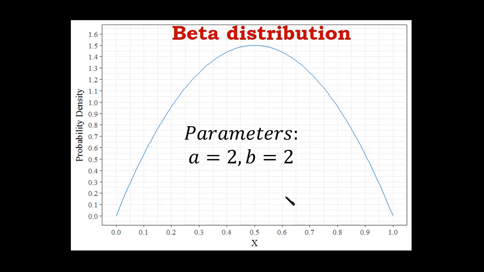But if a is 200 and b is 200, this is equivalent to saying I observed 200 landings in the success region and 200 landings in the failure region. Then the most likely probability of landing in the success region is 0.5.